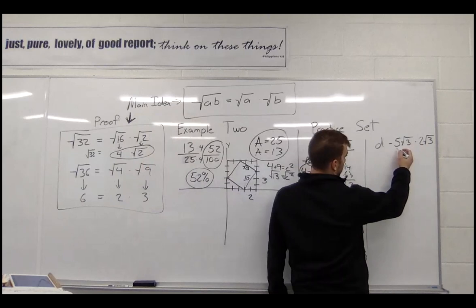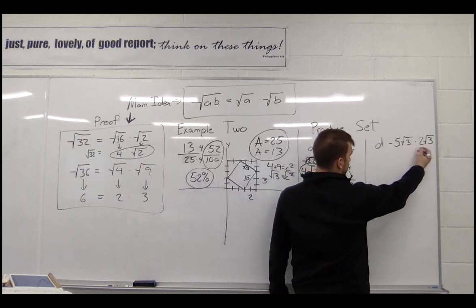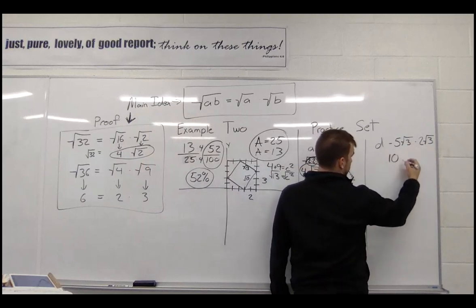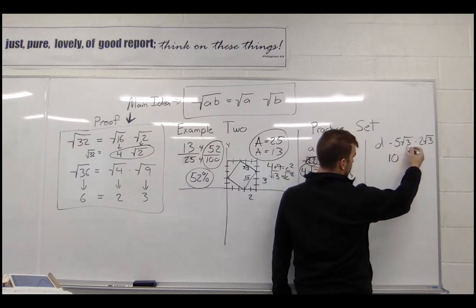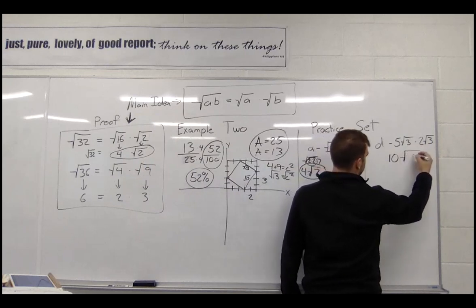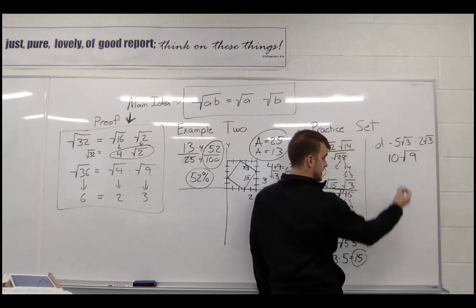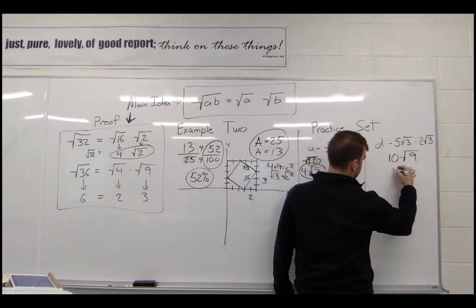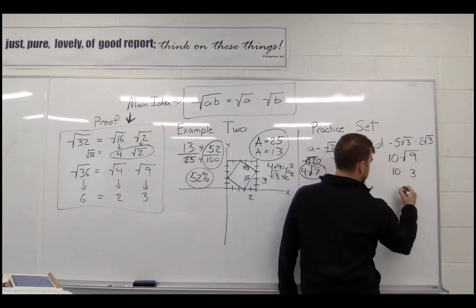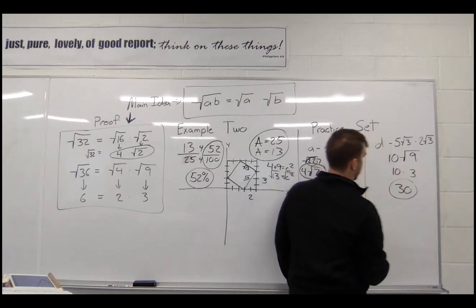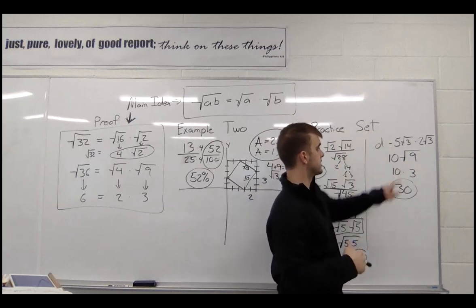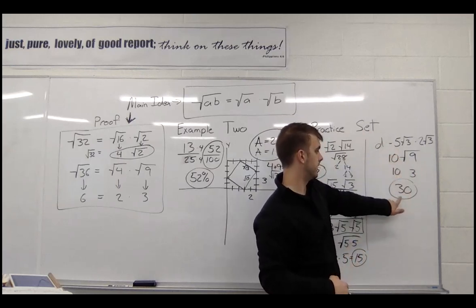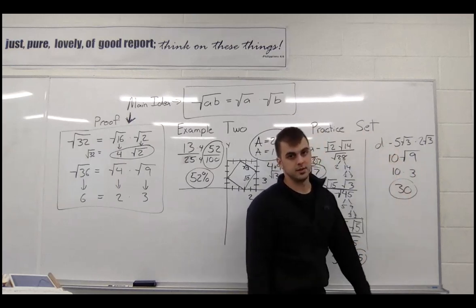So 5 times 2, they're both outside, is 10. And what is the square root of 3 times the square root of 3? It is 9. 10 times the square root of 9, well, you know that this is 3, so your answer then comes to 10 times 3, which is 30. So this right here equals out to this simplified answer, which is 30.